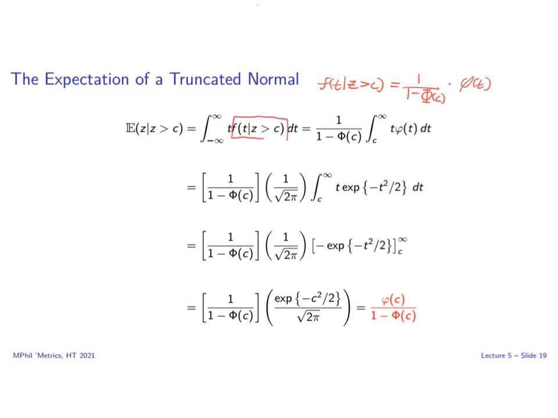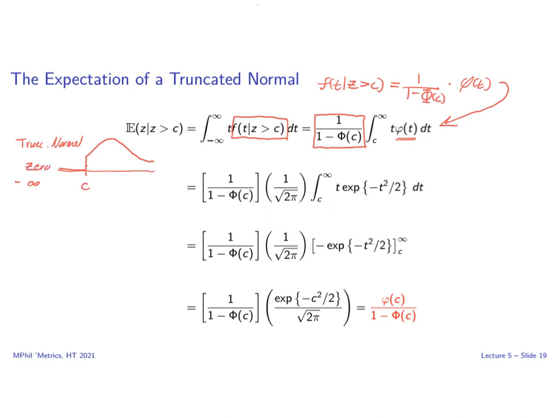Substituting our expression from the preceding slide, this integral becomes 1 over 1 minus capital Phi of c times the integral from c to infinity of t phi of t dt, where notice that we've cut out the range from minus infinity up to c because the density is 0 for that region.